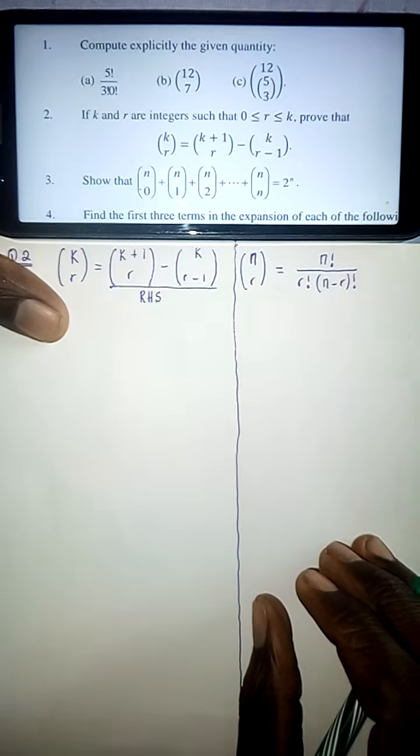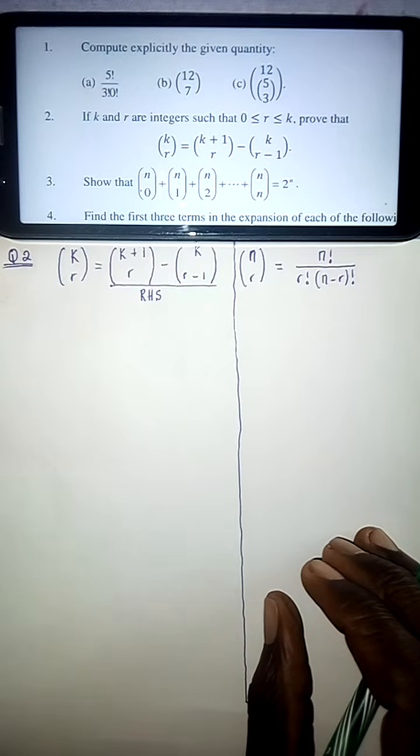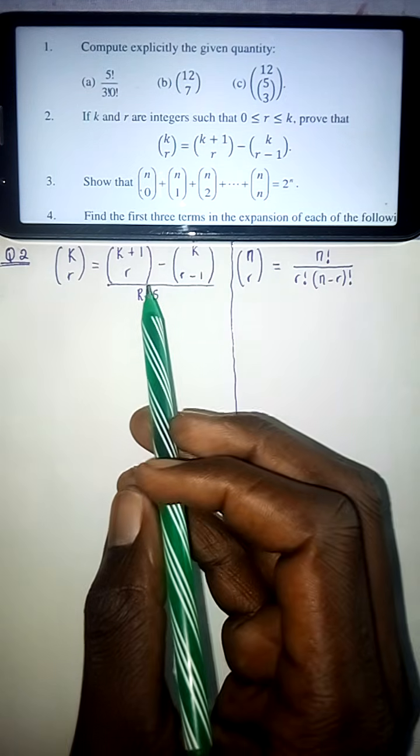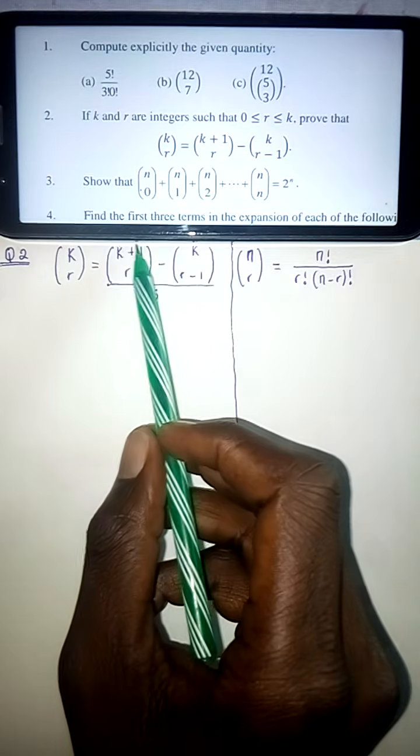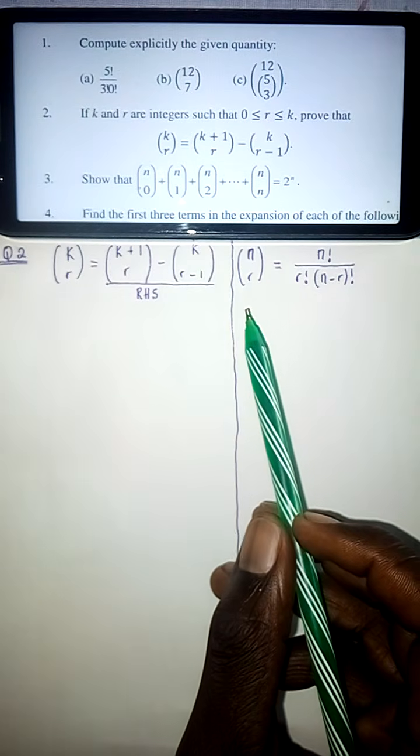So this is the formula, guys. Then we've been given these two combinations, right? So we're going to apply this same formula on this part and this part, so that we come up with this one. So without wasting much time, we are going to start, and we'll be discussing some more details as we prove this combination.